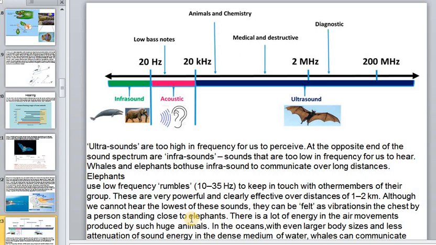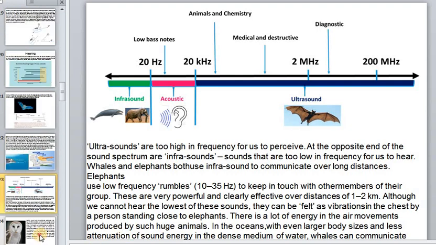In the ocean, it is the same, with even larger body size and less attenuation of sound energy in the dense medium of water, so whales can communicate this way.